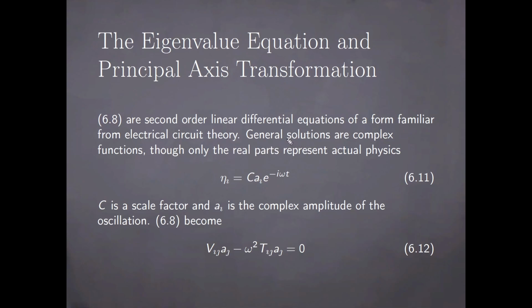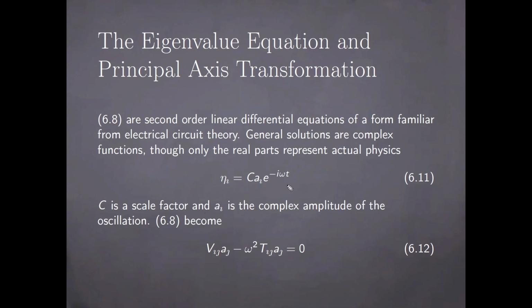The general solutions of such equations are complex functions, though only the real parts represent actual physics, and they are written in the form 6.11, where the c's are just scale factors and the a's of index i are complex amplitudes of the oscillation.